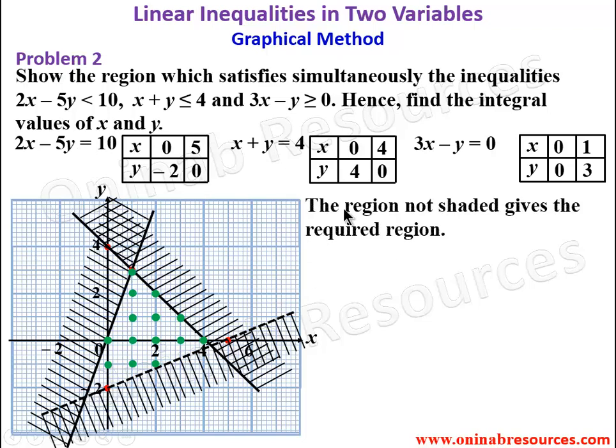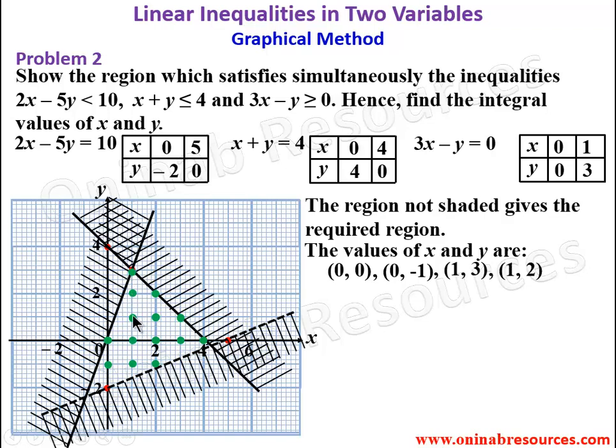We then say the region not shaded gives the required region, and therefore the values of x and y within that region are: we have the origin, which is 0, 0. Here is 0, -1. This point will give us 1, 3. Down here is 1, 2. Here is 1, 1, 1, 0, and here is 1, -1.